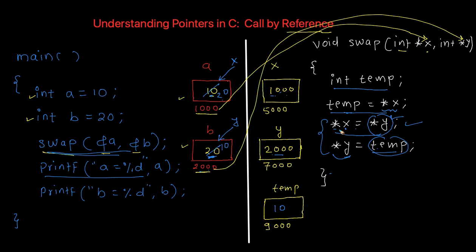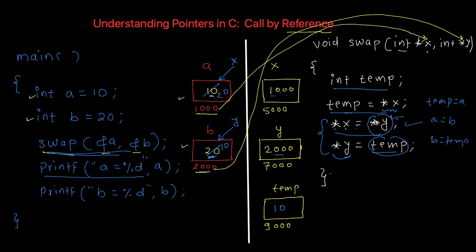Now you might wonder, why can't I directly use A and B here? Why can't I say temp is equal to A, A is equal to B, and B is equal to temp?